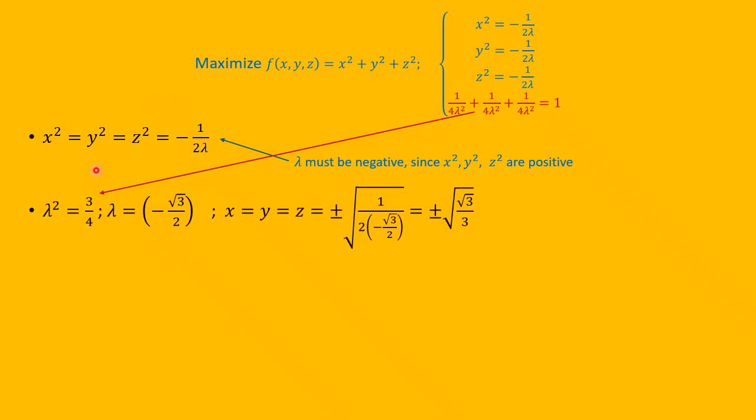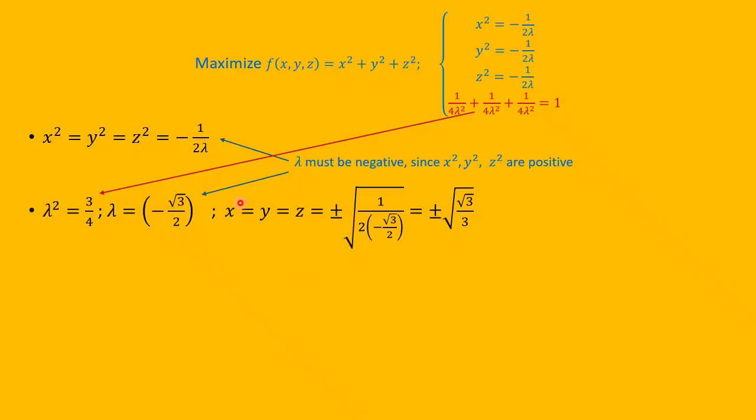So we have to have then the following. From this equation up here, we've found out that lambda squared was 3/4. And so if you take the negative square root of that, you get minus the square root of 3 over 2. And we took the negative square root because we saw that lambda must be negative. We had to have a negative number here.